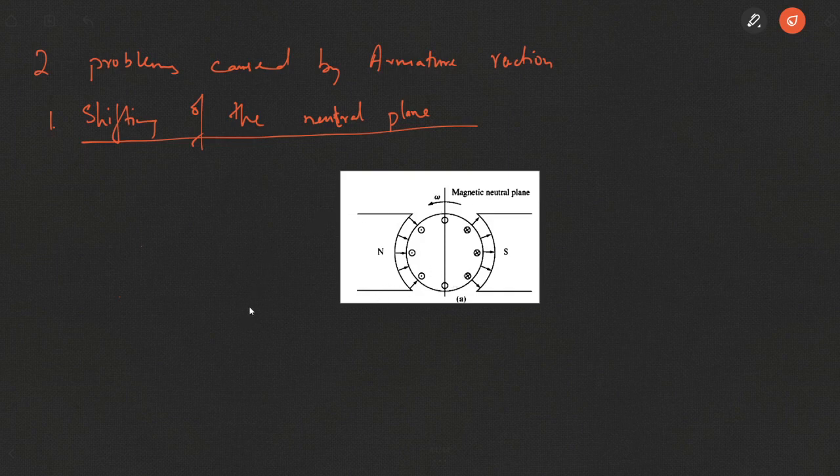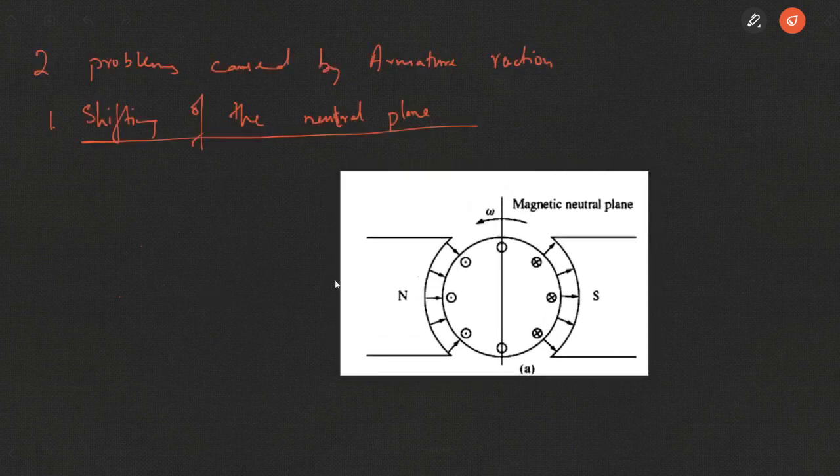Say, initially this machine is unloaded. As the machine is unloaded, you can see a uniform magnetic field is produced, emerging from the north and moving to the south.